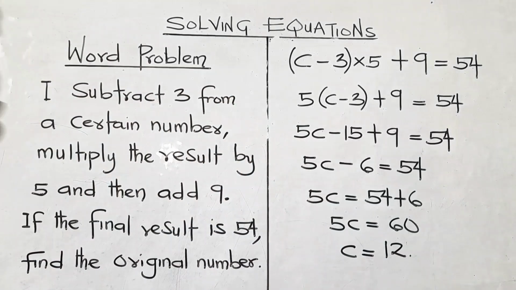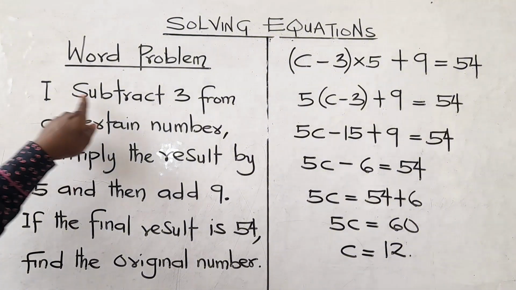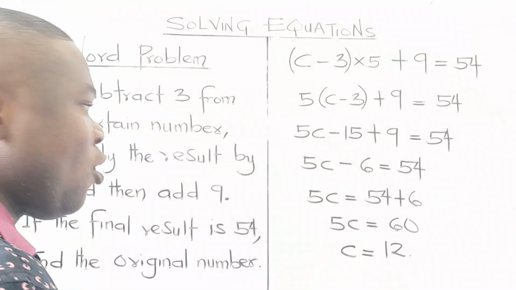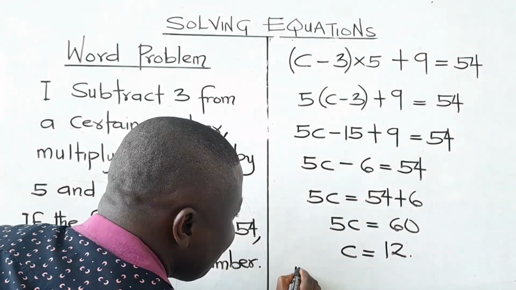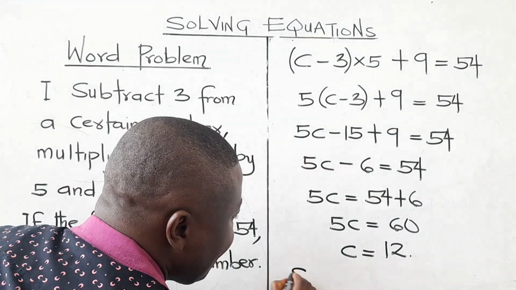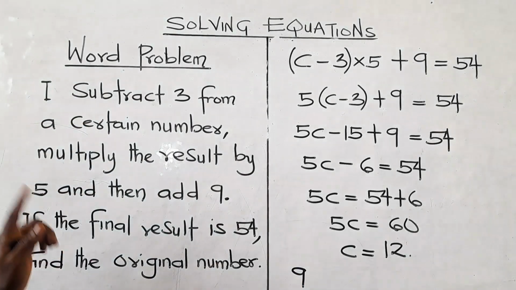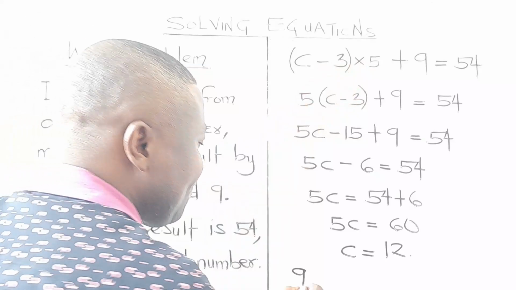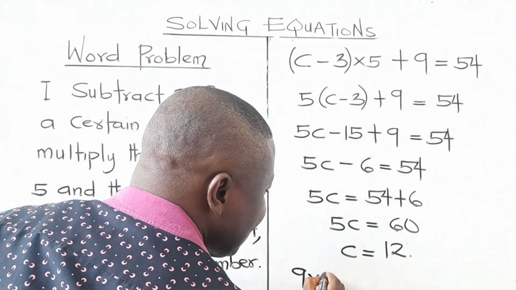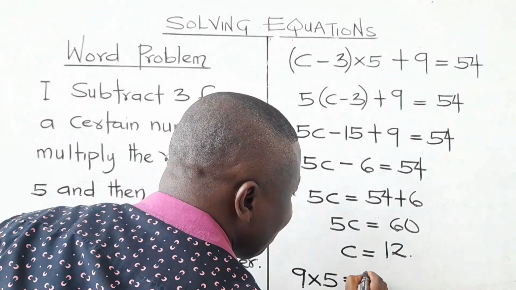Now, when you get your answer, don't be in a hurry. I have gotten 12. Now, let's test the answer. If I subtract 3 from 12, 12 minus 3 is 9. Now the answer I have is 9. 9 times 5 is 45.